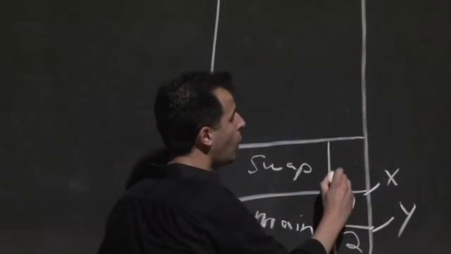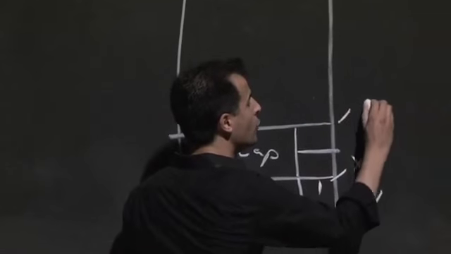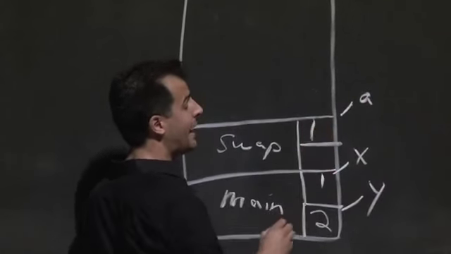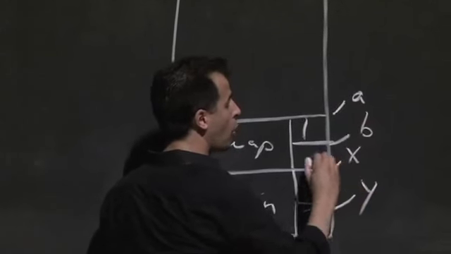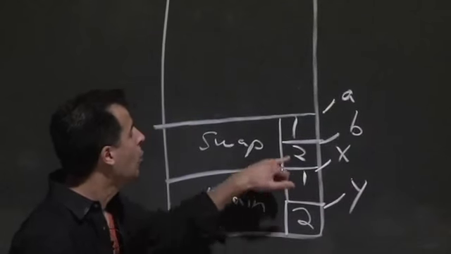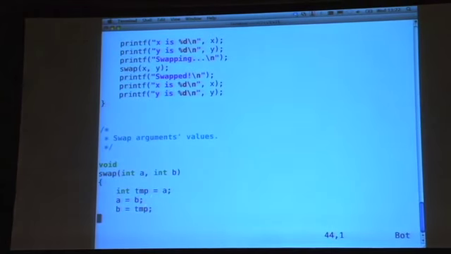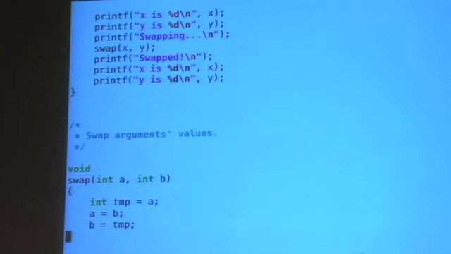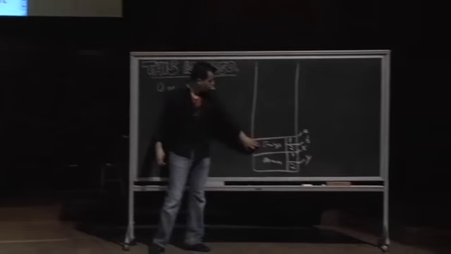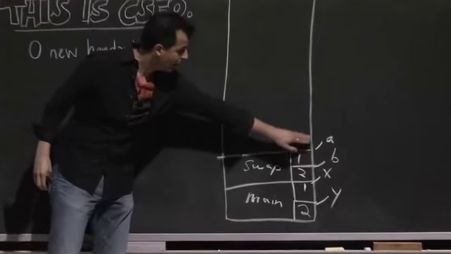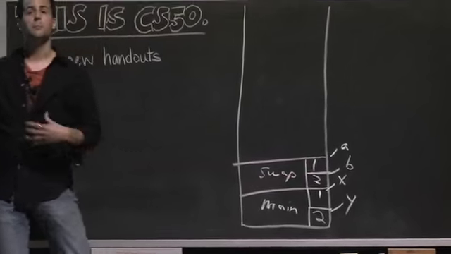And so somewhere in swap, let's just draw it here for simplicity, there's going to be another 32 bits called A, and then here there's another 32 bits called B, and what we put in there is just copies of whatever was in x and y. And so if at first glance it feels like this code should absolutely work, well, if you think about what's really going on underneath the hood, well, sure, it works. It swaps this one and this two, A and B, but it has no access to main's memory.